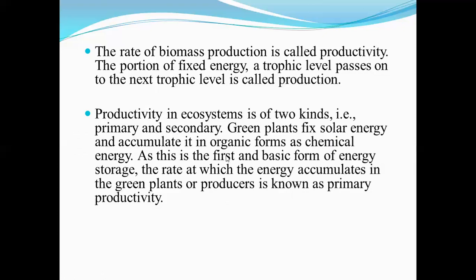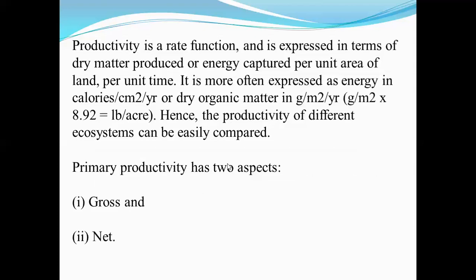As this is the first and basic form of energy storage, the rate at which the energy accumulates in the green plants is known as primary productivity. So you have to understand that solar energy fixed by the green plants, this kind of production, is called primary productivity.